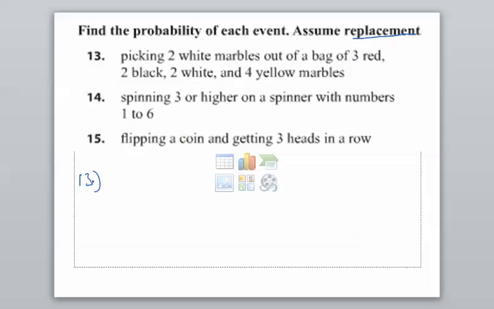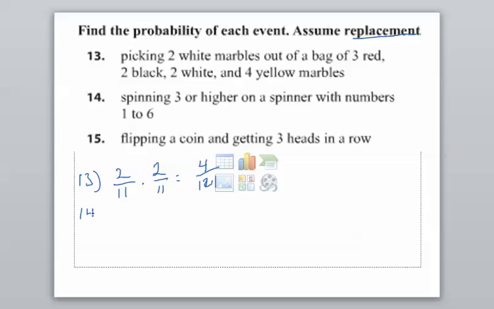So that must mean that I've got a 2 out of 11 times. Well, if we picked a white marble the first time and we put it back, there's still going to be 2 white ones in there, and there's still going to be 11 marbles in there. So we're looking at 4 out of 121.